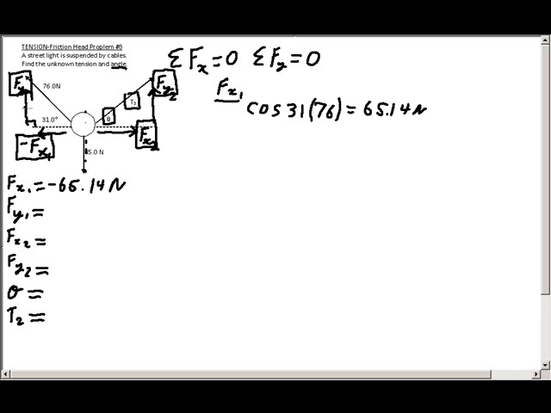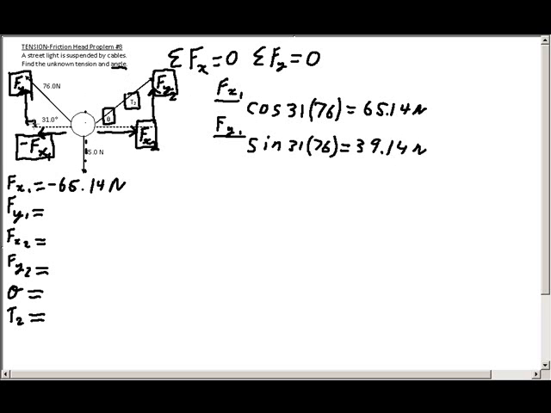Now, what is the f of y in this direction? Well, that's going to be the opposite over hypotenuse, which means I'm going to use the sine of this. So let's solve now for the f of y, which would be sine 31 times 76, which is going to be equal to 39.14 newtons.